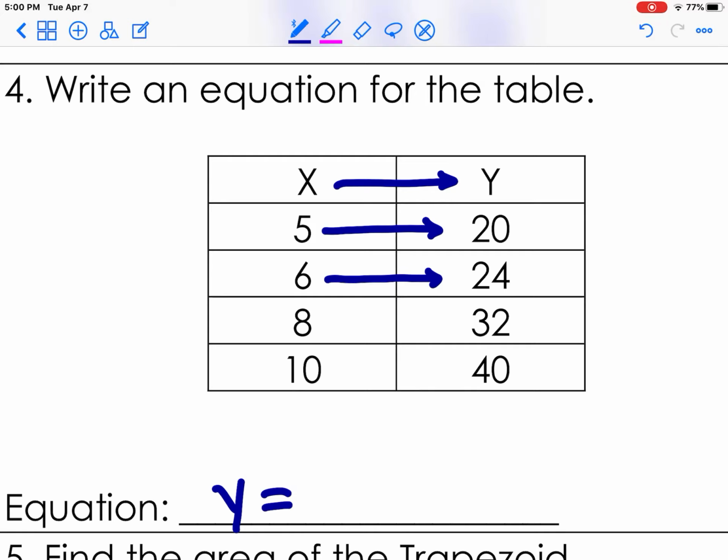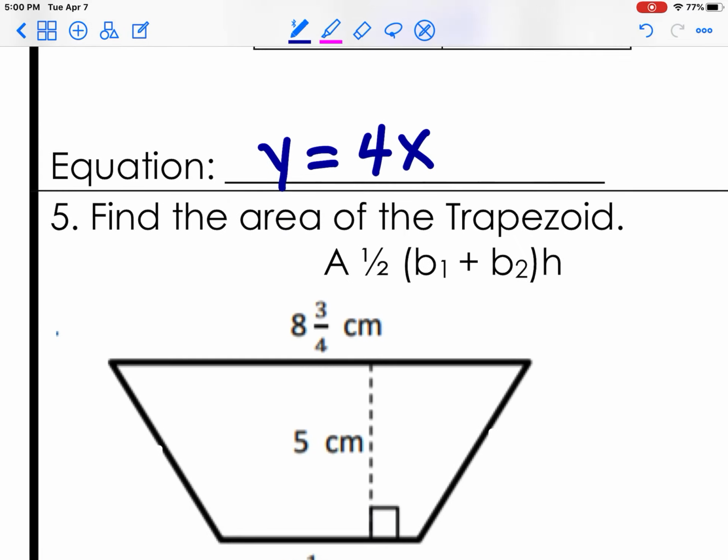Are you starting to see a pattern? I see the pattern. It looks like we're multiplying each x times 4. And we write that in the equation as y equals 4x. Please stop writing x4, people. It's not how we do things. Okay, so there's your equation, y equals 4 times x.